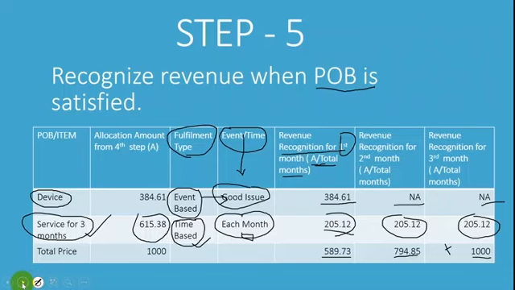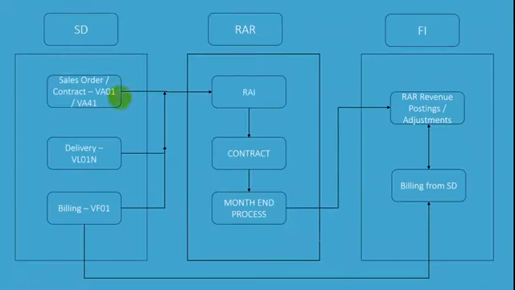what the flow is, how it flows from SD to RAR, then RAR to FI. If you see, in SD, first we'll create a sales order contract either in VA01 or VA41. Then this sales order will transfer to the RAR. In RAR, whatever sales order item we had, we call it a RAI, revenue accounting item.